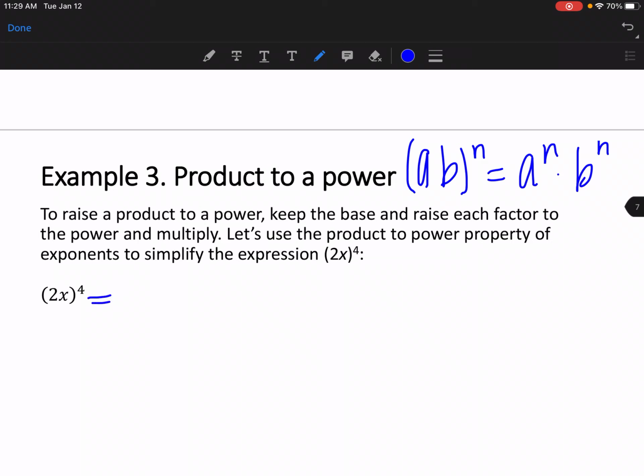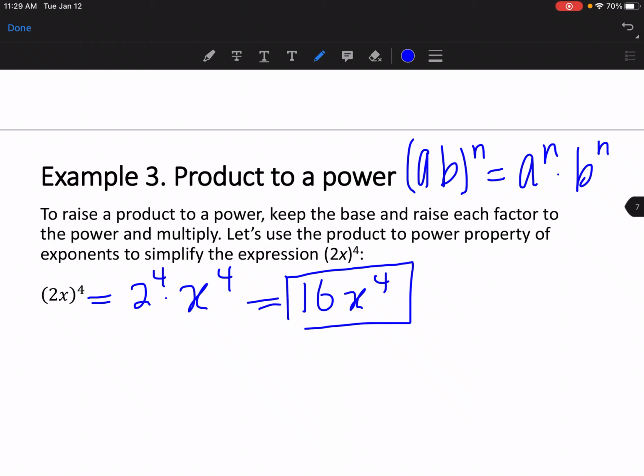So I'm going to take my 2, raise it to the 4th power, times x, raise it to the 4th power. 2 to the 4th power, 2 times 2 times 2 times 2 gives me 16, and x to the 4th power is x to the 4th. So 16x to the 4th is my answer for that one.